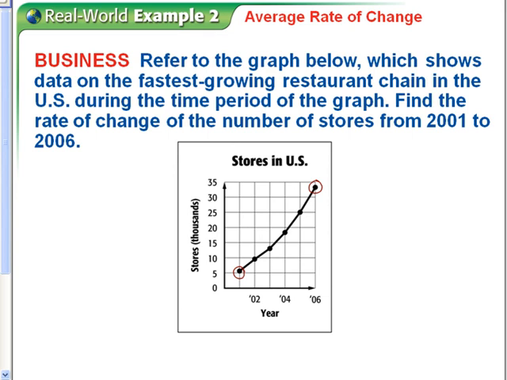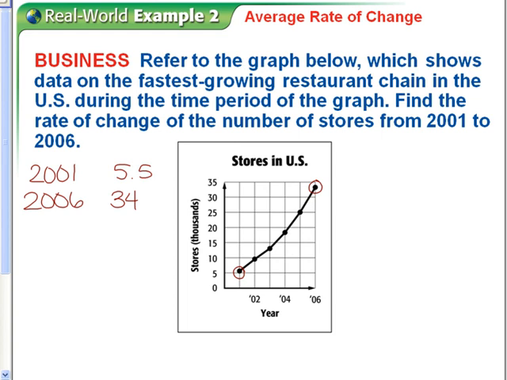So in 2001, it looks a little bit more than 5, so let's just go 5.5. In 2006, I would say that's approximately 34.